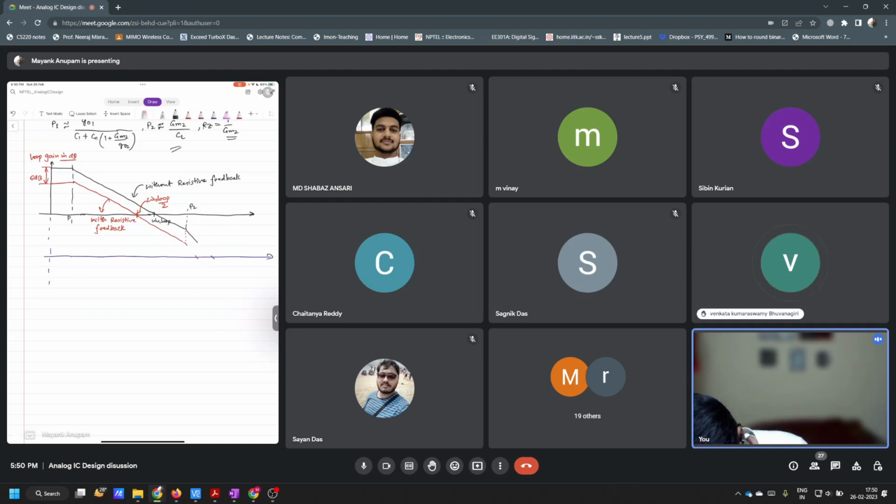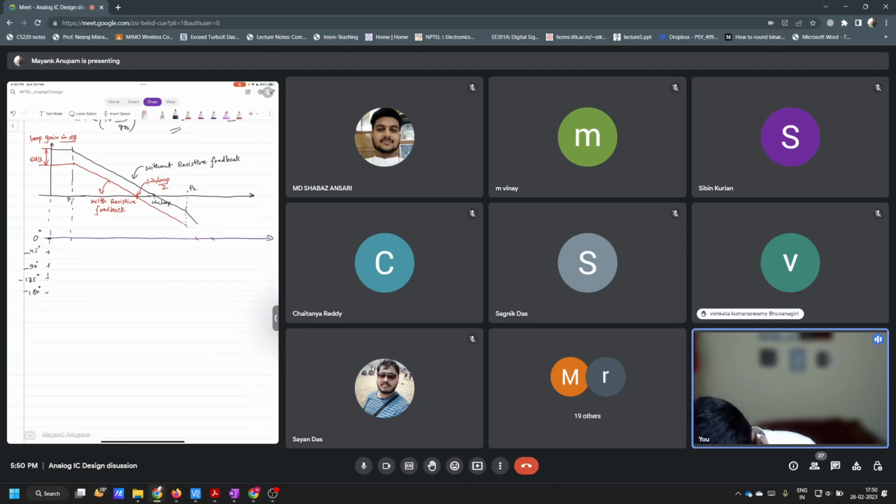So let's say this is 0 degree. And let's say this is 45 degree. This is 90 degree. This is 135. And this is 180, all negative. So at pole P1, what will happen?